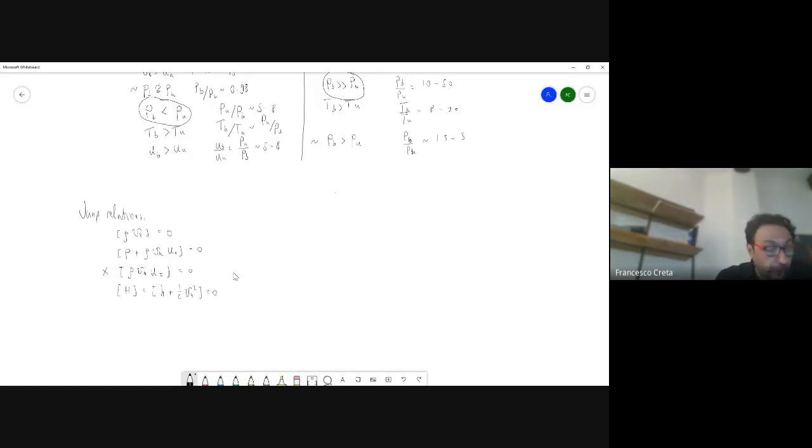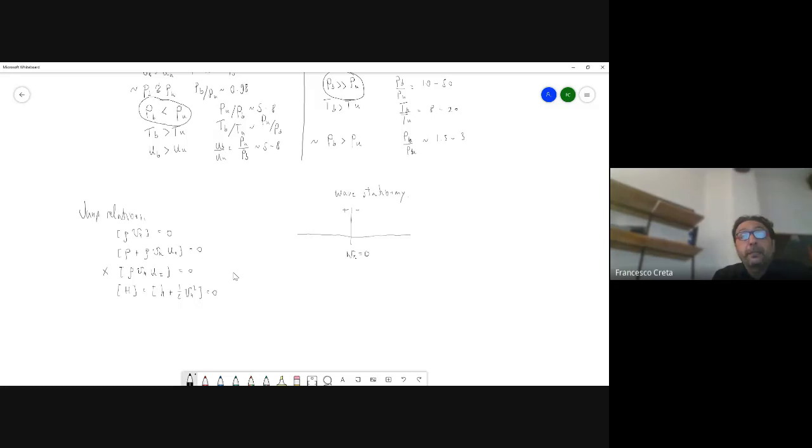Now, another thing that we can remember is that we prefer the wave stationary reference. So essentially, we have a wave here with a normal propagation speed which is identically equal to zero. This is the wave stationary frame, right? This is the frame in which we're going to write those jump relations.